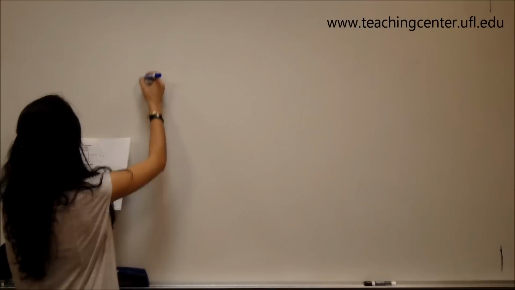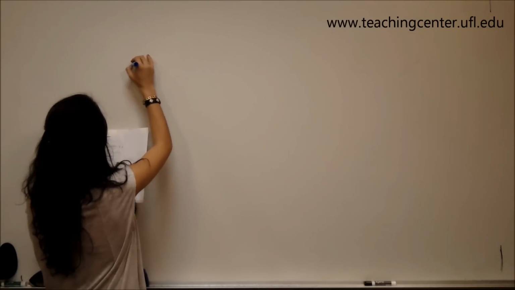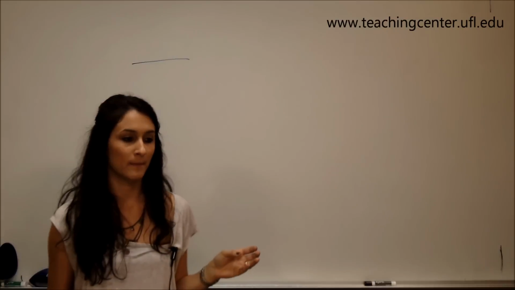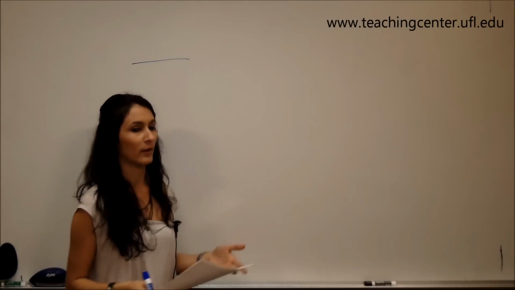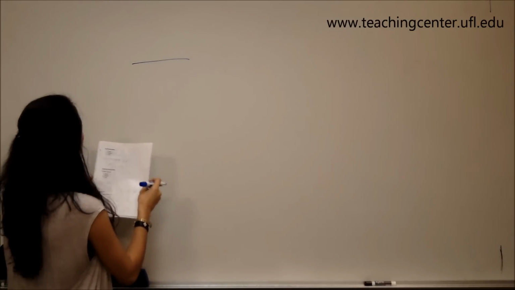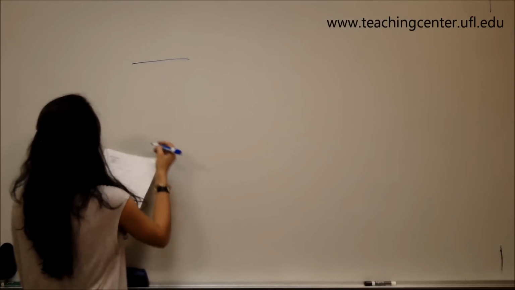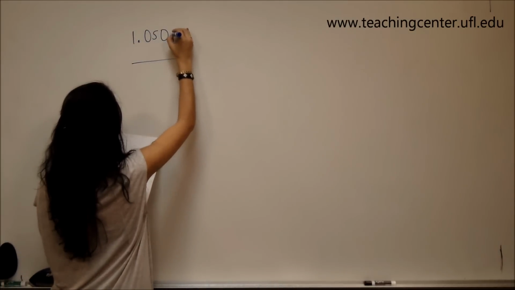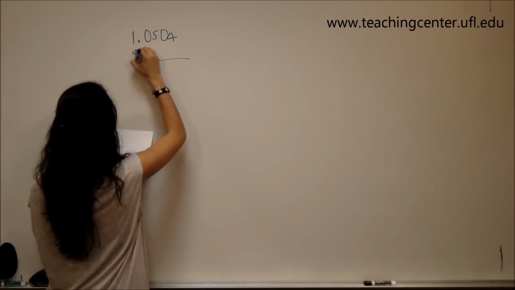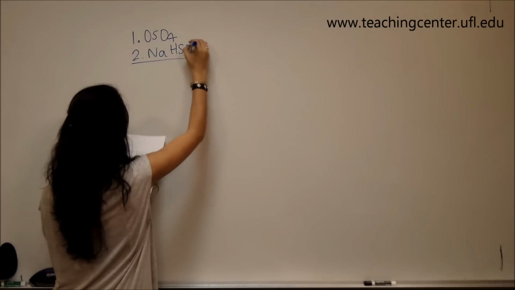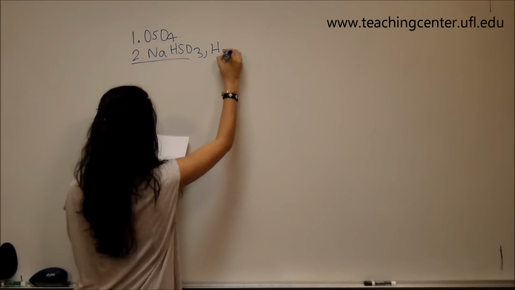Everyone says not to memorize for orgo, and I don't suggest that you do, but these are more of just knowing what happens in the reaction, not necessarily knowing the full mechanism, because they're a little bit past the scope of this class. So for this reaction, you have OsO4, and the second step is going to be NaHSO3 and H2O.